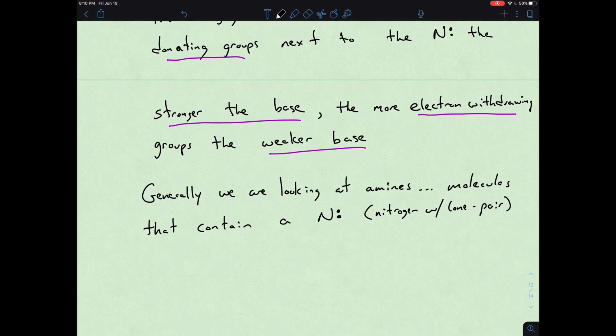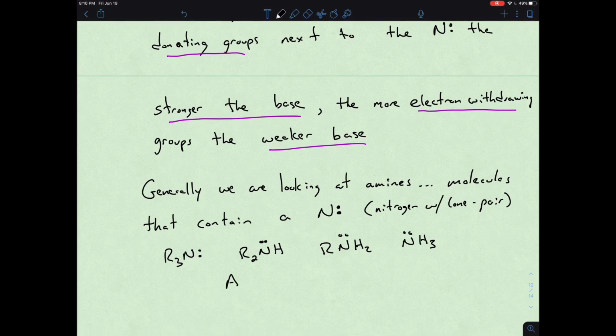So we're looking at this idea of multiple possibilities as we increase the number of hydrogens versus the number of R groups. So these are all amine bases.